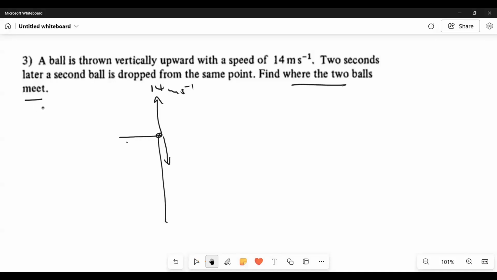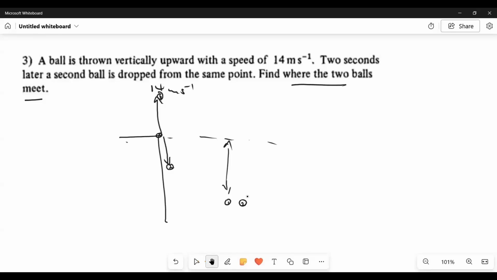In other words, the two of them must have the same displacement from the starting point. So there will come a time, sometime in the future, where these two balls, let's say this is one of them, one and two, at some point, maybe down here, are going to have the same displacement from the starting position.